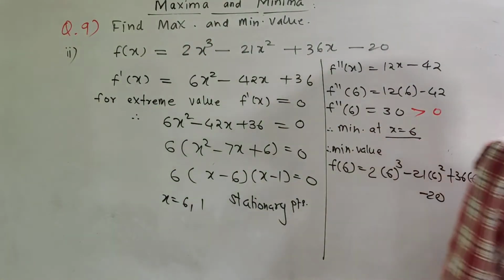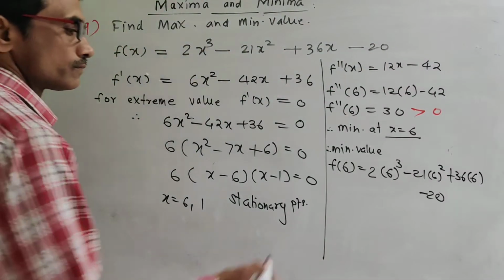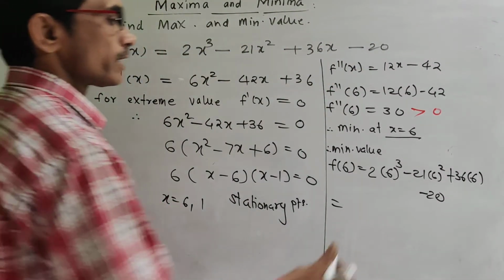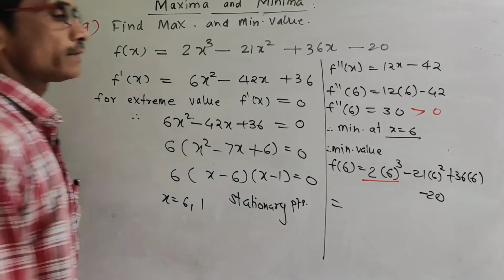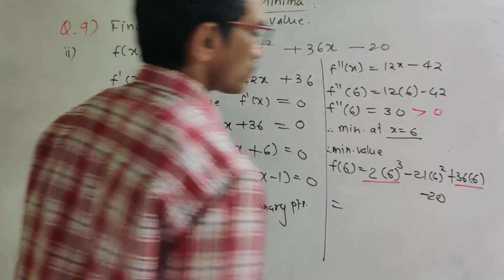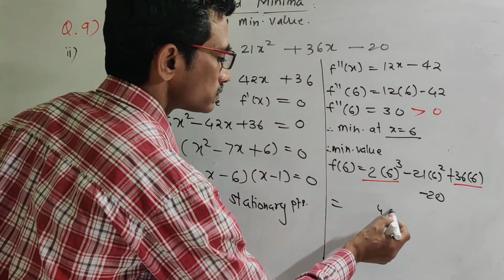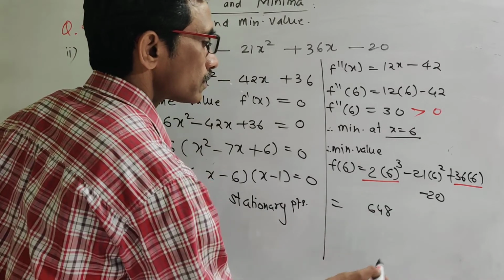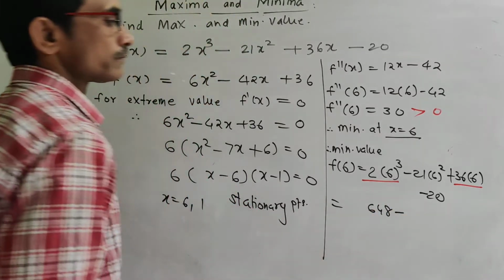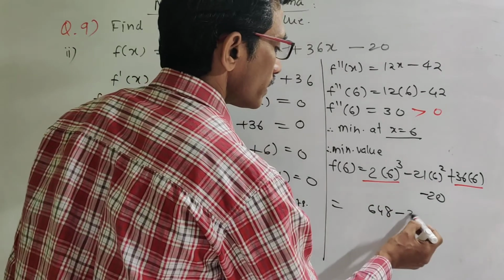Now we calculate it. Now this becomes 216 into 2, and this 216, so 216 into 3 we can take, minus 36 into 21, and this 20, minus 20.